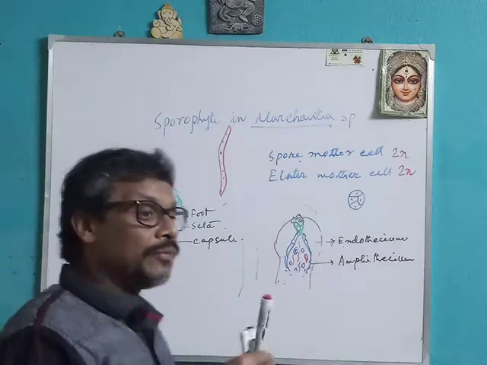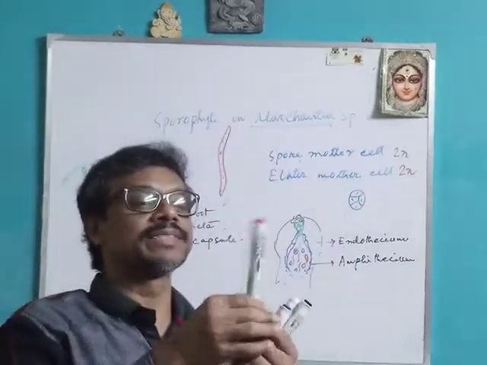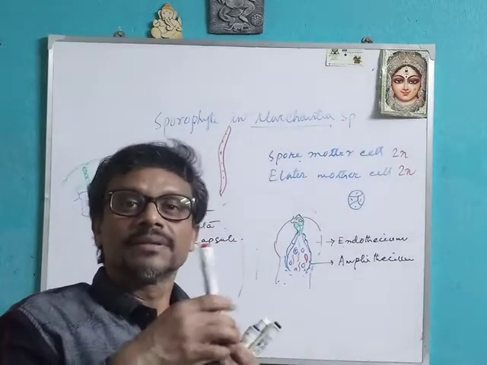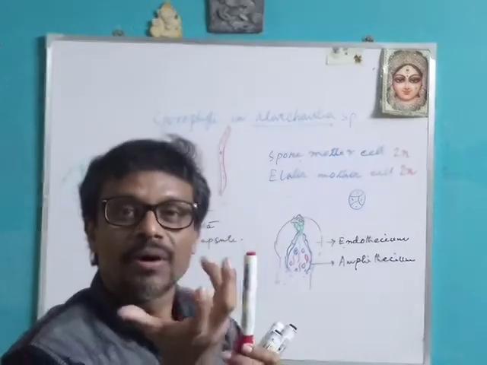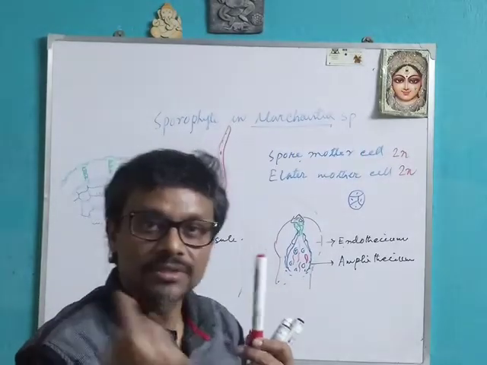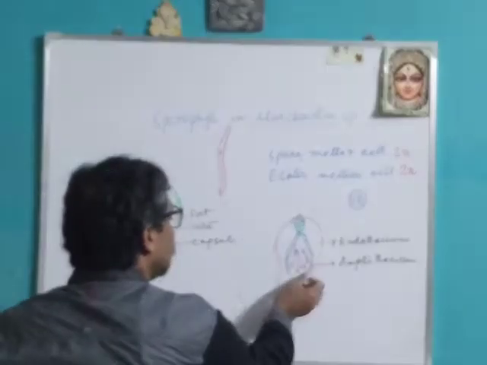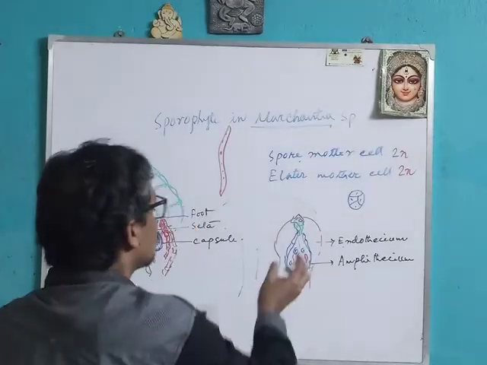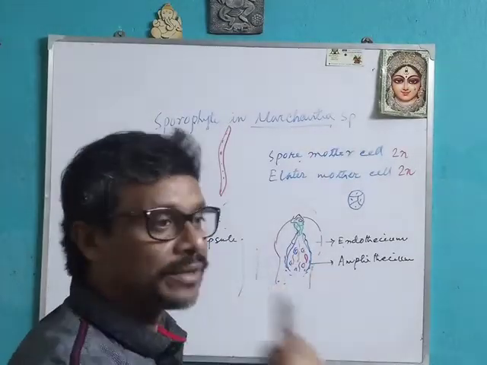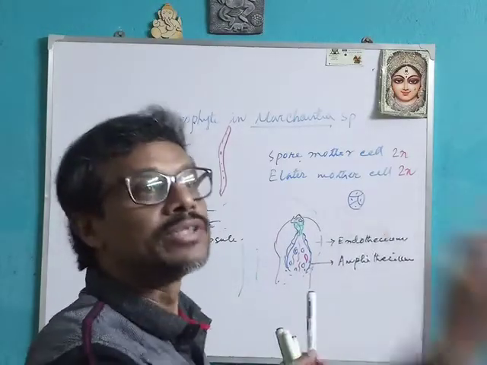But with certain inertia, due to the movement of the elaters helping the total mass of the sporangium or capsule to move, naturally while the capsule wall bursts, that particular movement helps the spores to move to a certain distance.